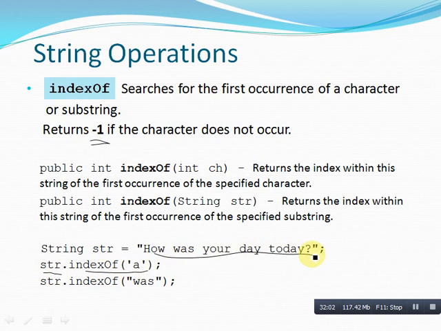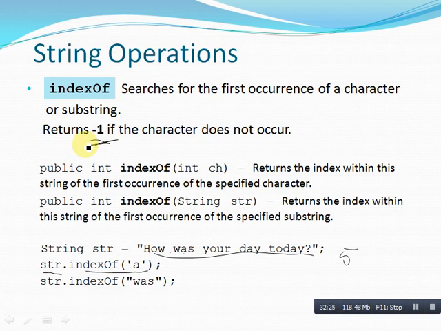The first index of a is 0 1 2 3 4 5, so indexOf a is 5. If the character is not found, it will return -1.